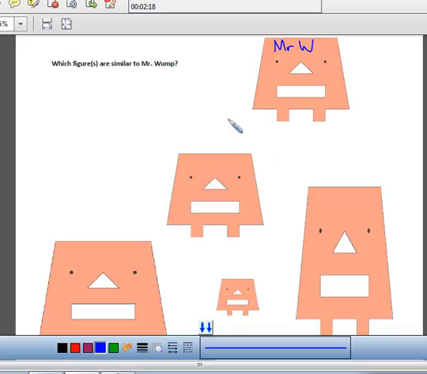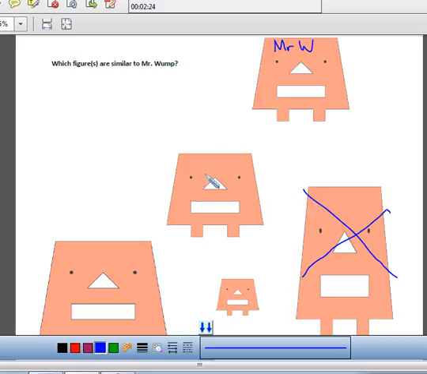One that does not work is this one here. This figure is stretched, and by stretching it, not only are we changing the length of some of the sides, but that also impacts the angles. So when you stretch it, the angles are no longer the same. So this one doesn't work.